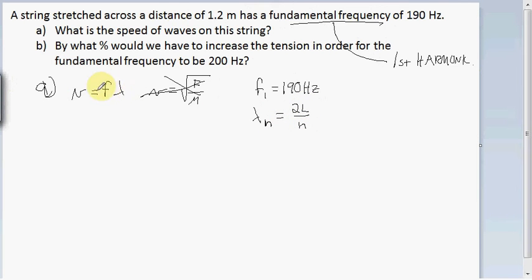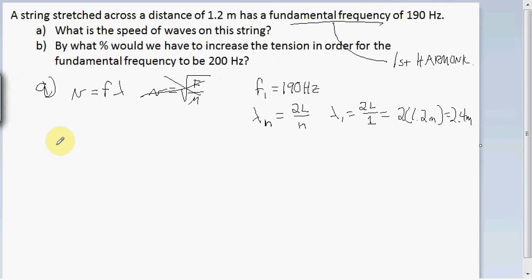If we want to use this formula, we have to make sure that the frequency and the wavelength we're talking about are for the same wave. Since the frequency I know about is the first harmonic, I'm going to use the wavelength of the first harmonic as well. So lambda_1 equals 2L over 1, which is 2 times 1.2 meters, and that's 2.4 meters.